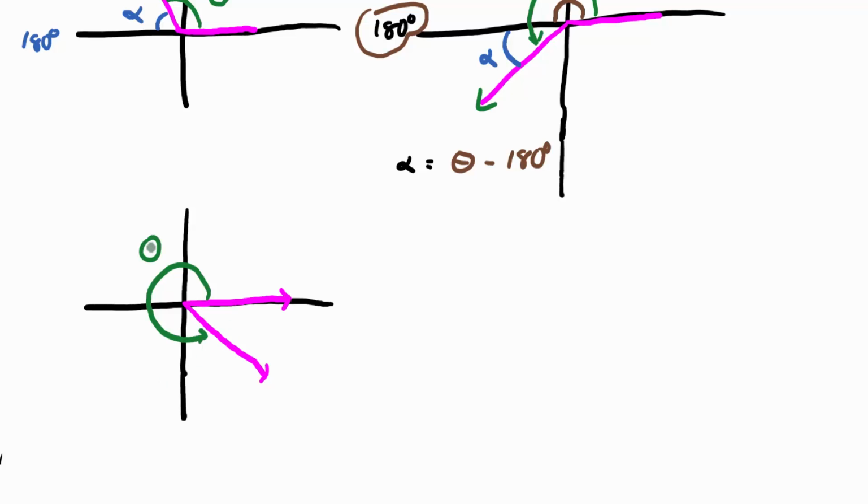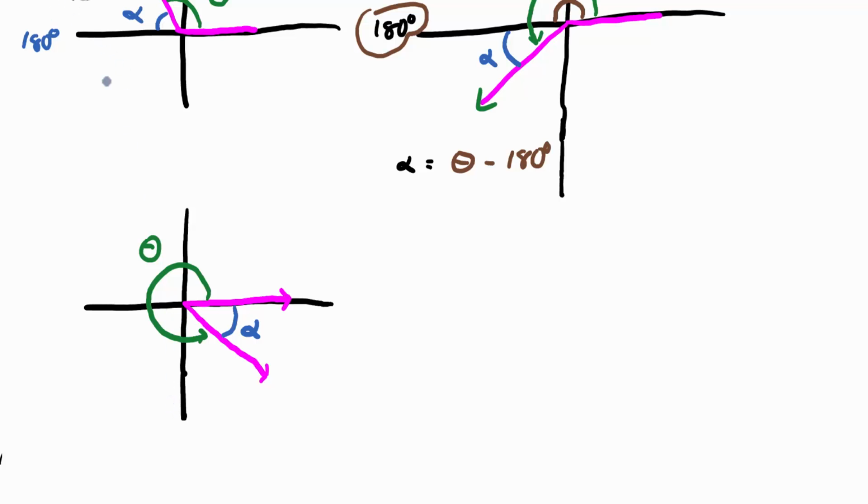So that's theta, right? And then you guys see what alpha is? Alpha is this angle here, isn't it? The smallest angle formed by the terminal side of theta and the x-axis. The smallest angle. So there's another angle, this angle here, but it's not the smallest.